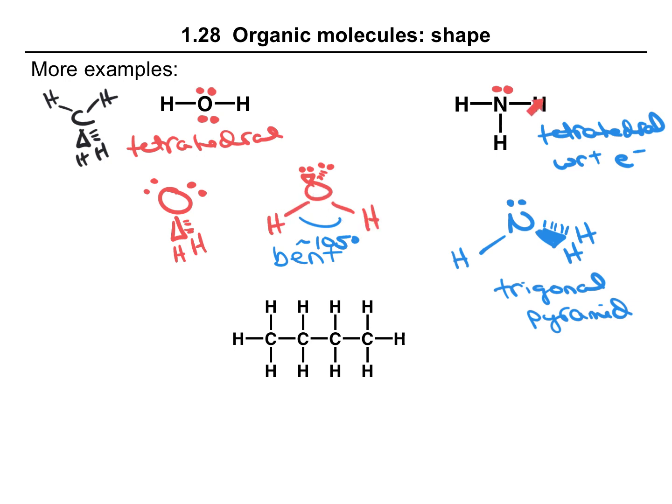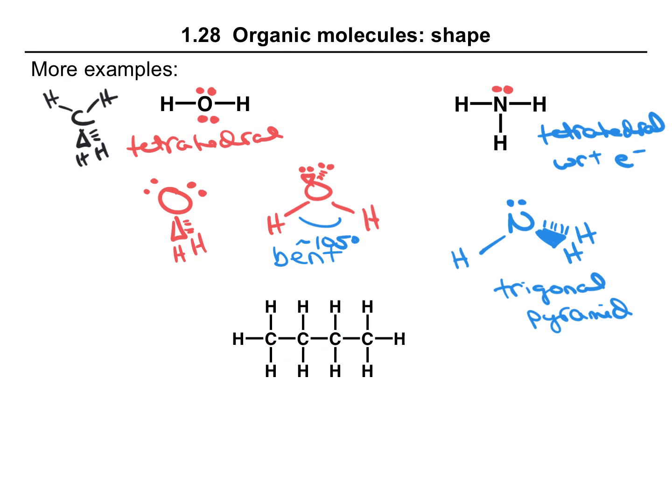With ammonia, this is tetrahedral with respect to all electron groups, and it is trigonal pyramid with respect to the atoms. So notice trigonal pyramid, not trigonal planar that we saw on the previous slide. Now, in our next example, we have multiple central atoms. So what we need to do is determine the geometry at each carbon.